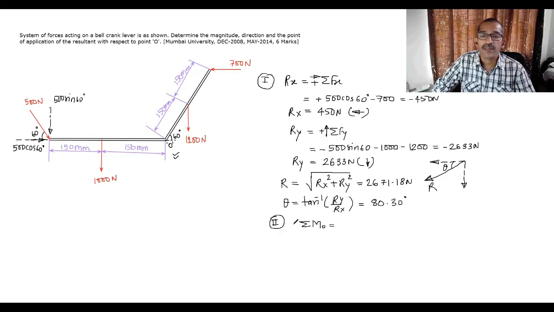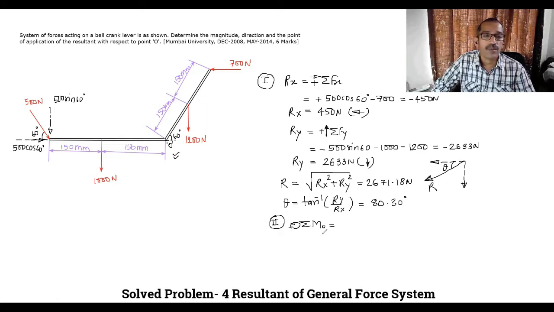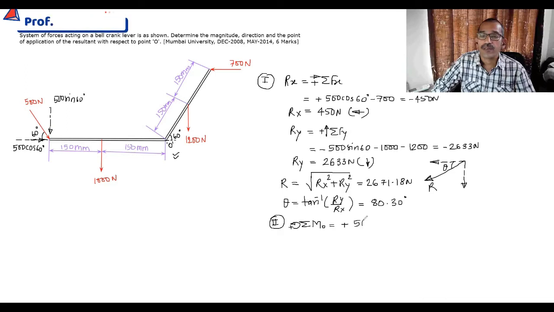The force is downward. Hold that bar horizontally at point O and apply a downward force on the left side; the bar will rotate in the anti-clockwise direction. That means the moment becomes 500 sine 60, and what distance will we get here?